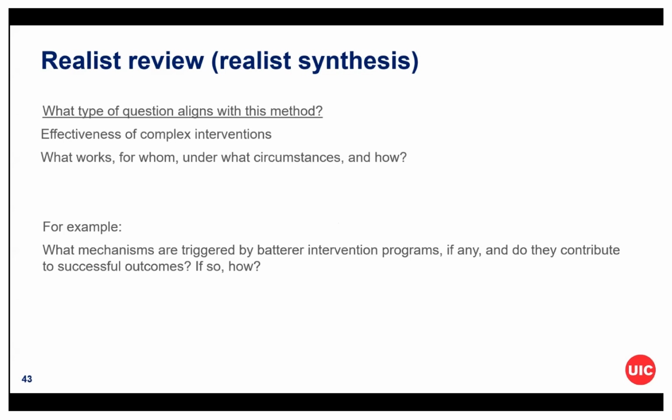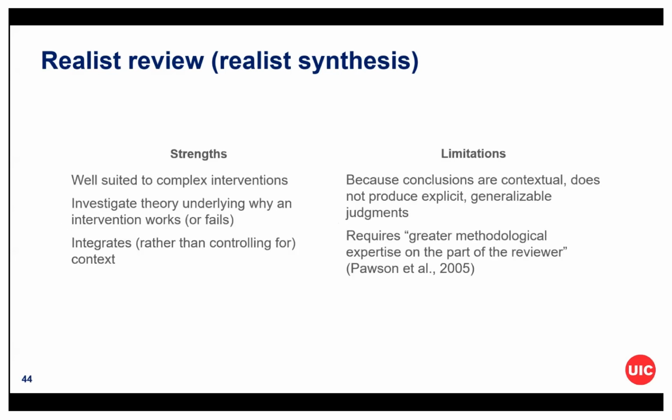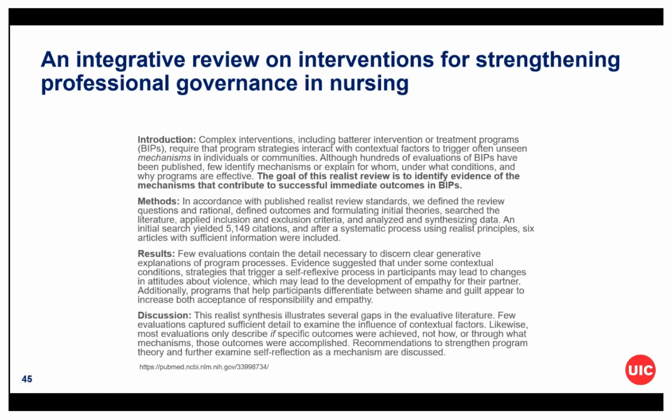And do they have successful outcomes? It's well suited for complex interventions, but the limitation is that it requires strong methodological expertise from the reviewer. And here's an example of a realist review, in terms of the words that are highlighted here.